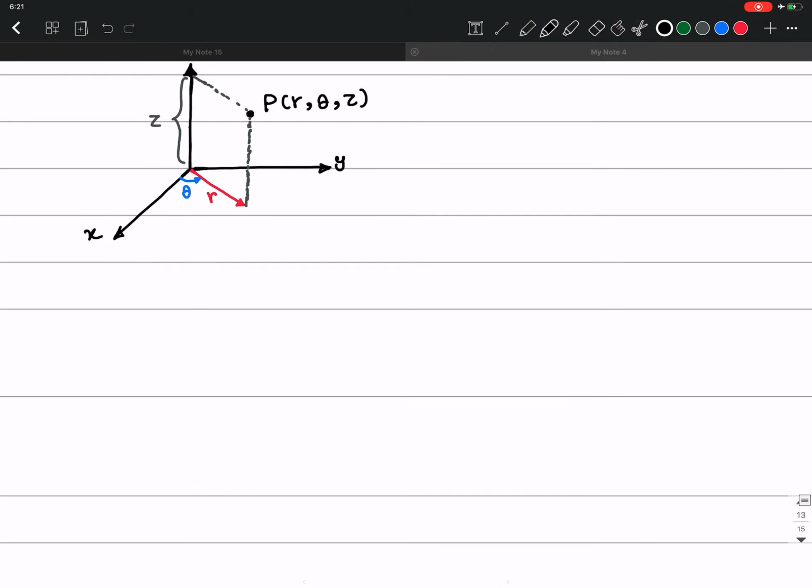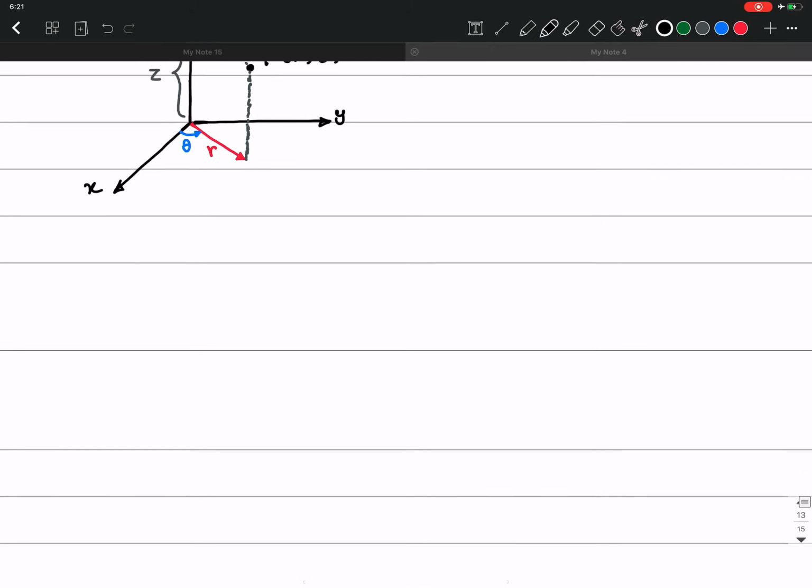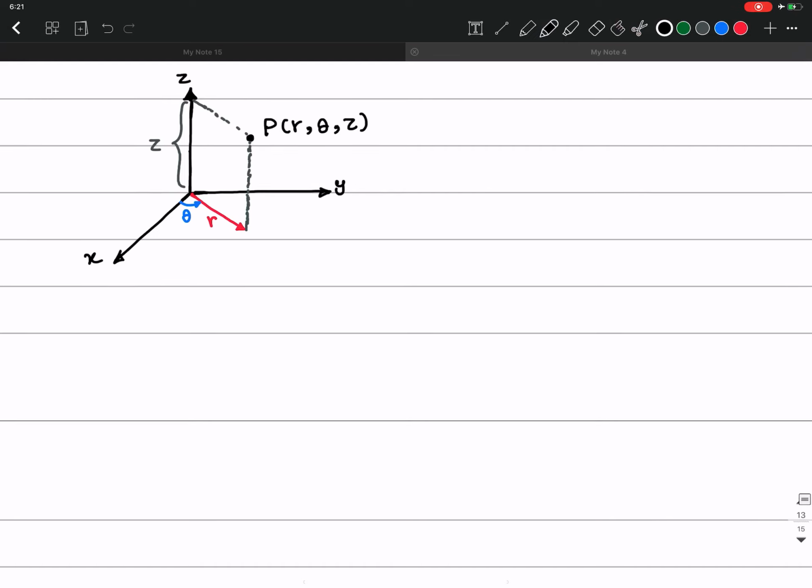Okay, so now that we know this, I want to write the momentum equation first in Cartesian and then in cylindrical coordinate system.